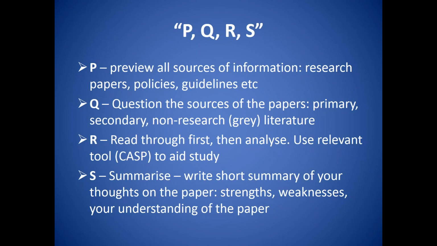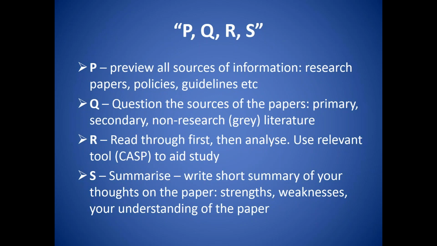So you need to question the source of the paper. We've talked about quality of papers, primary research, secondary research. Your primary research is where somebody goes out and conducts the research. That might be interviews, observation, field observation, clinical trial, any of those kinds of things. Secondary research, a bit like the systematic reviews, is where they look at the research that's been done and then form an opinion of that research.